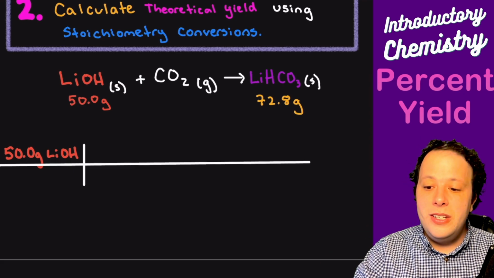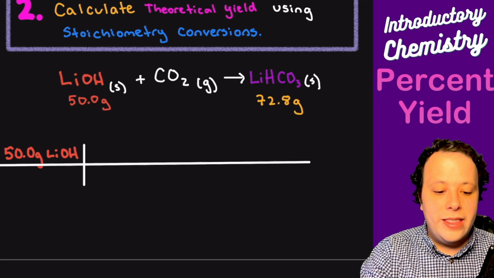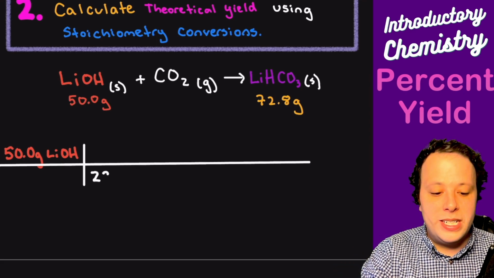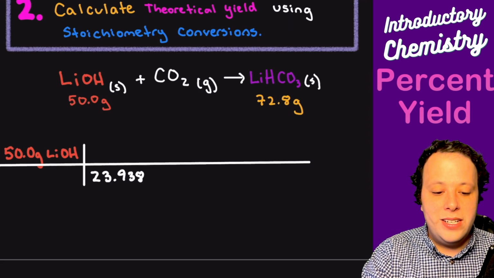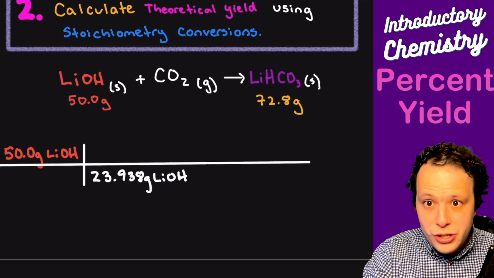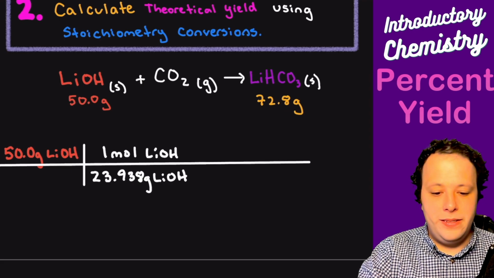So we need to use the molar mass of lithium hydroxide to get there. We'll use our periodic table and you'll get 23.938 grams of lithium hydroxide. If you're watching this, I recommend you check that so you can practice it. And that's equivalent to 1 mole of lithium hydroxide.